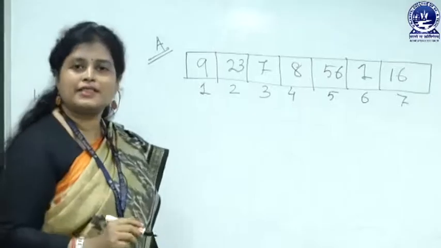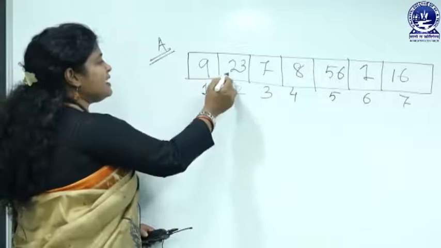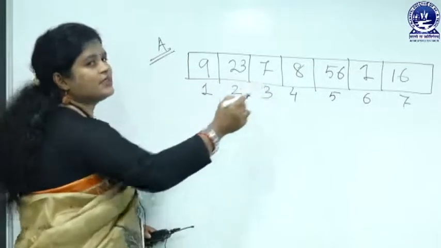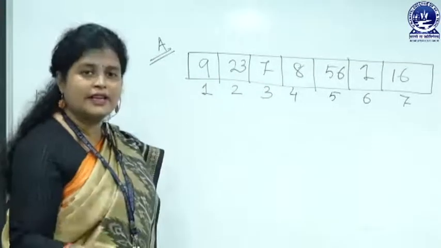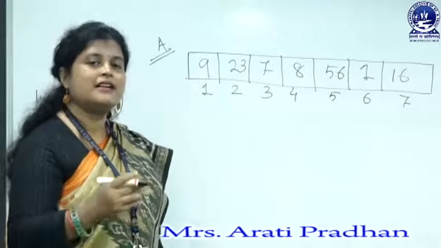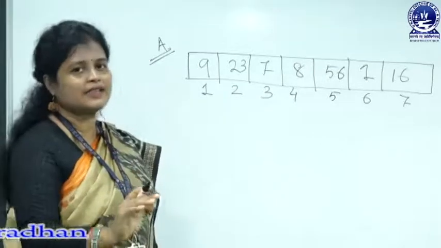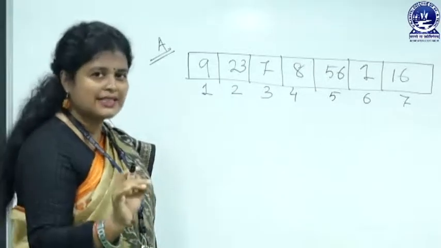Exactly what happens in comparison sort? It checks: is it smaller, is it smaller, is it smaller, in this way. Suppose you are sorting the elements in ascending order. It means that from the lesser value to the greater value, we will arrange the list. So what happens exactly here?